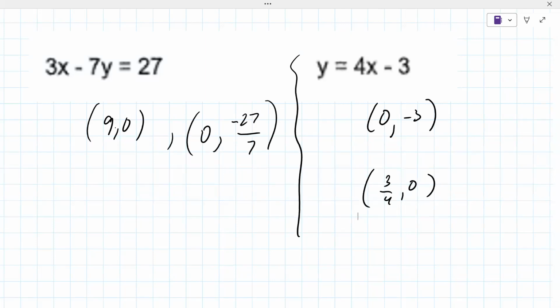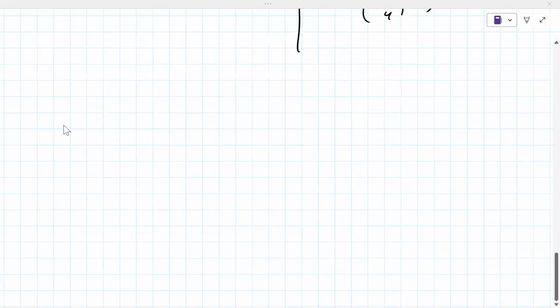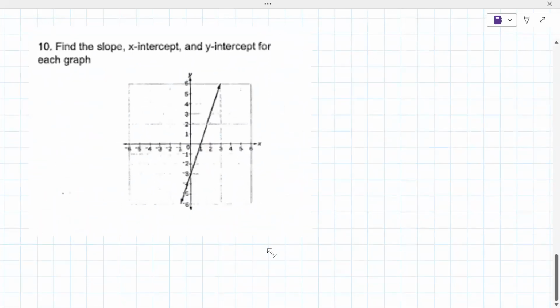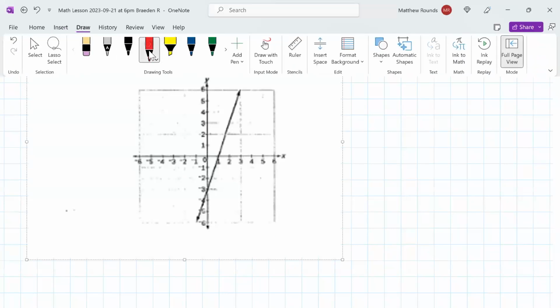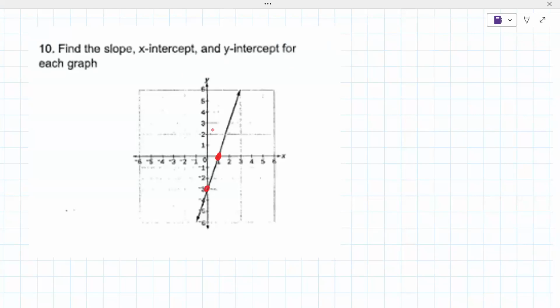Okay. Number 10 is a graph. Maybe it's better on yours to see, but this is the point and this is the point that we care about. One is this and one is this. So then the y-intercept is negative 3, x-intercept is 1.